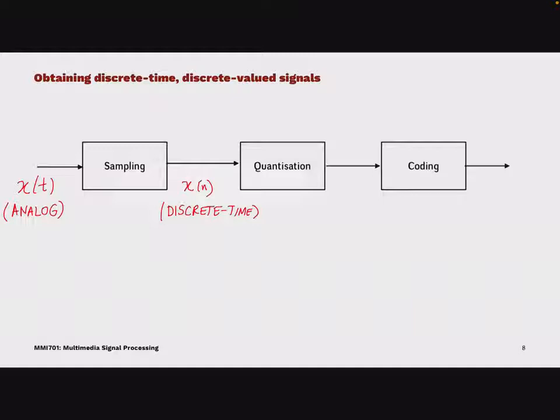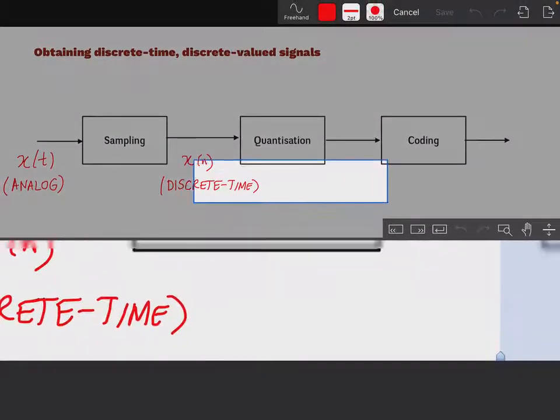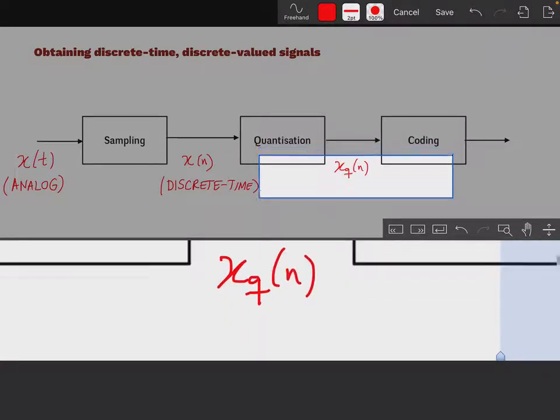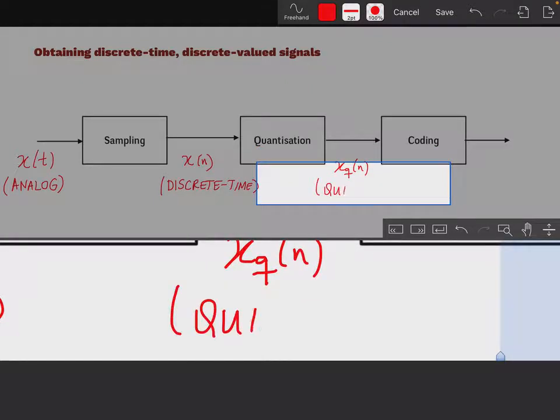So we need to assign each of these values within our signal to one value within a set of values, and that stage is called quantization. And after quantization, we end up with xq of n, which is the quantized signal. So let me just write it underneath as quantized.